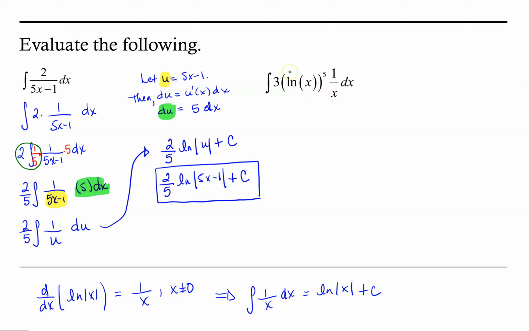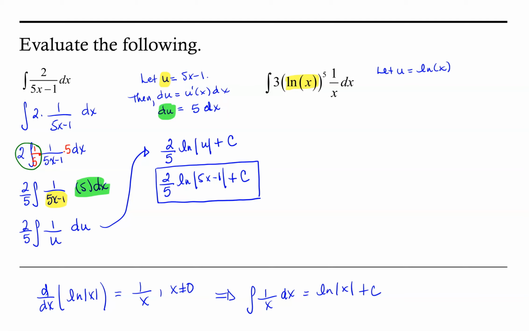Since the natural log of x is an argument in this 5th power function, let's try to let u equal the natural log of x and see what happens. Sometimes when we're doing problems like these, we may have to try one or two different choices for u until we come up with the correct one.